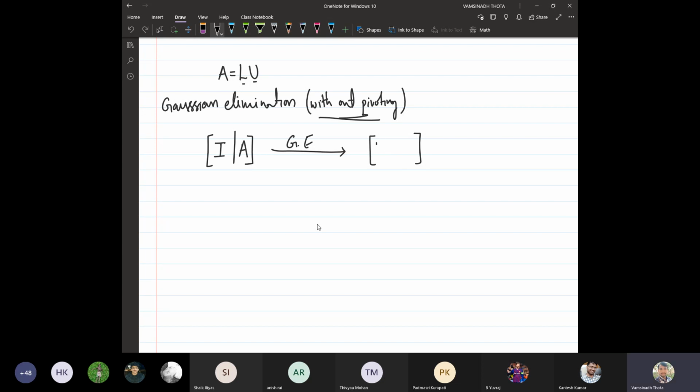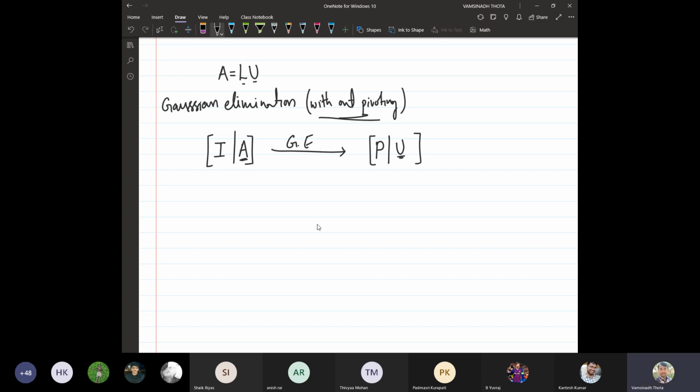We'll assume some matrix P here. Our main idea is to convert the matrix A, the right-hand side matrix, to upper triangular format.